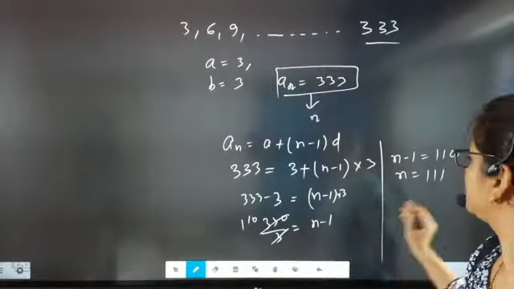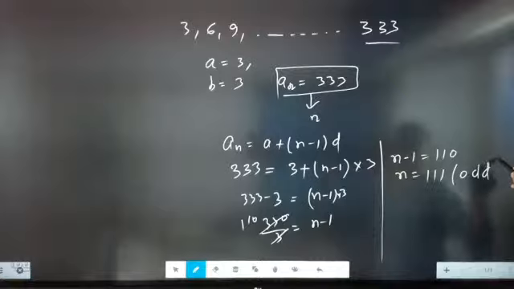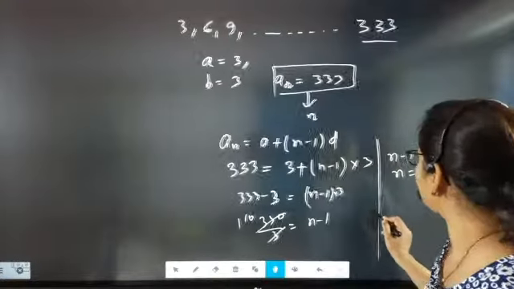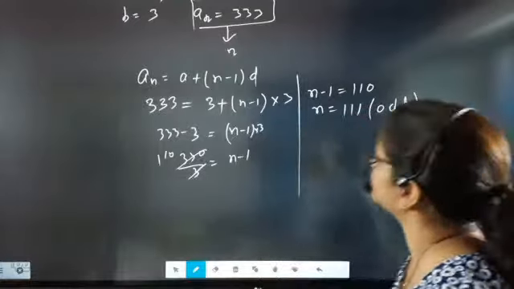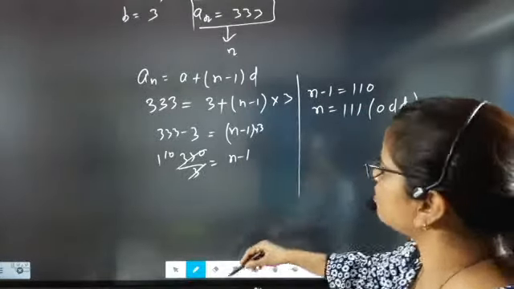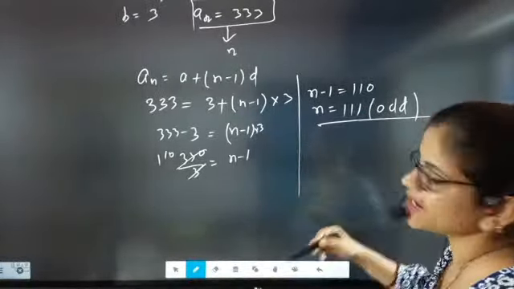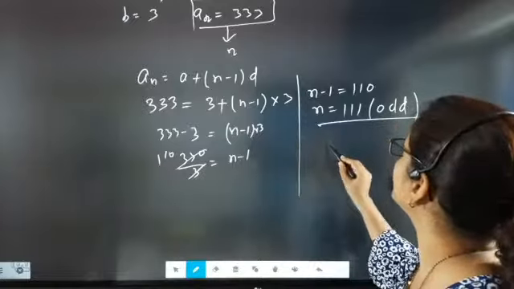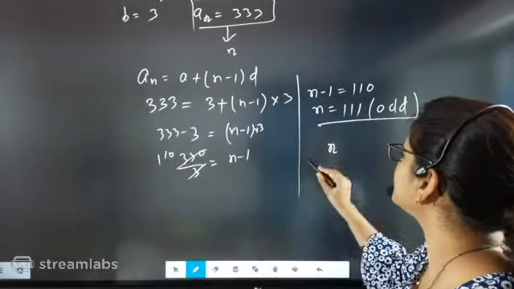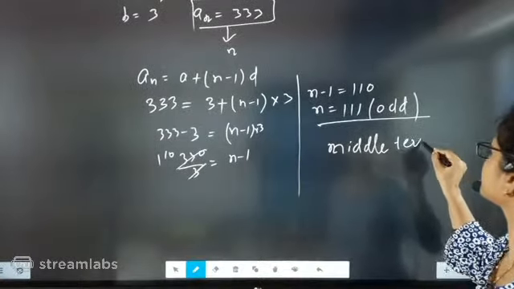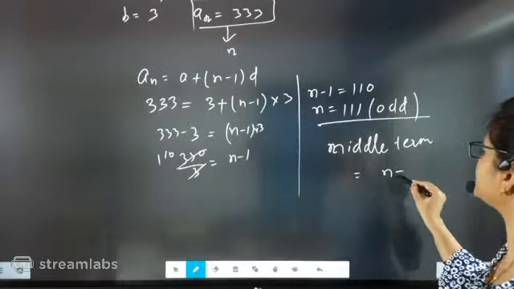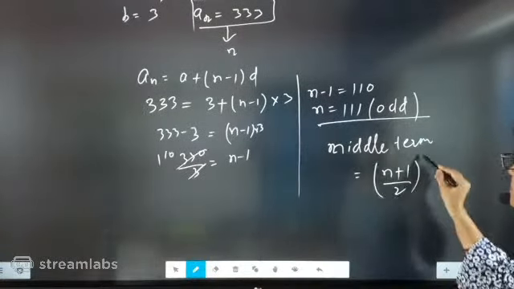It is odd. The moment it is coming odd for us, what are we going to do? Correct beta, the 56th term. The moment it is odd, we have to directly implement the formula: for an odd number of terms, the middle term is the (n plus 1) by 2 th term.